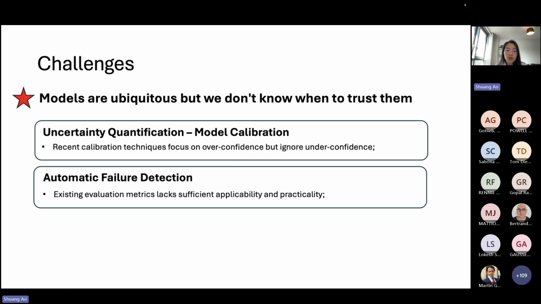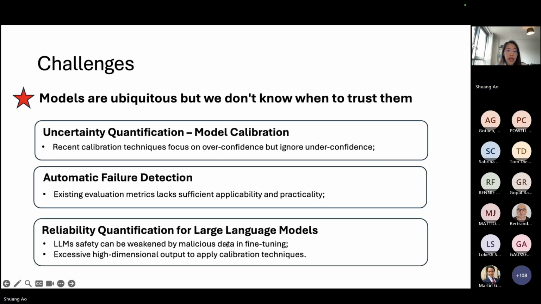For example, not every domain needs accuracy, and not every domain needs the F1 score as the evaluation. Also, large language models can be easily attacked by malicious data, and the excessively high-dimensional output makes it very difficult to apply calibration techniques. So how do we quantify the uncertainty for large language models in this case?